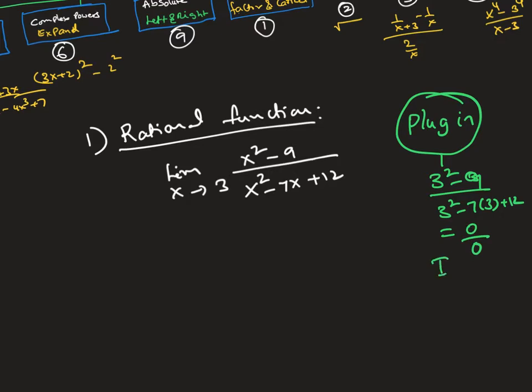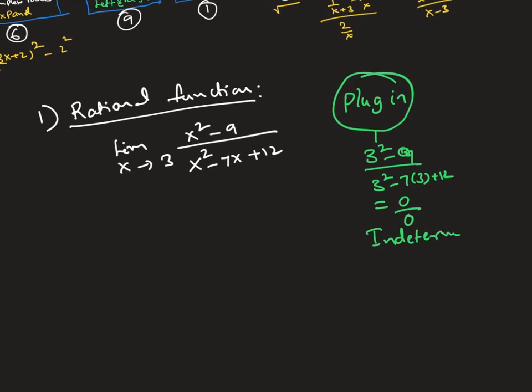So because it is indeterminate, I cannot write that as the answer. You can't write that. So it is a rational function. I need to factor. So what is the factoring of the top?